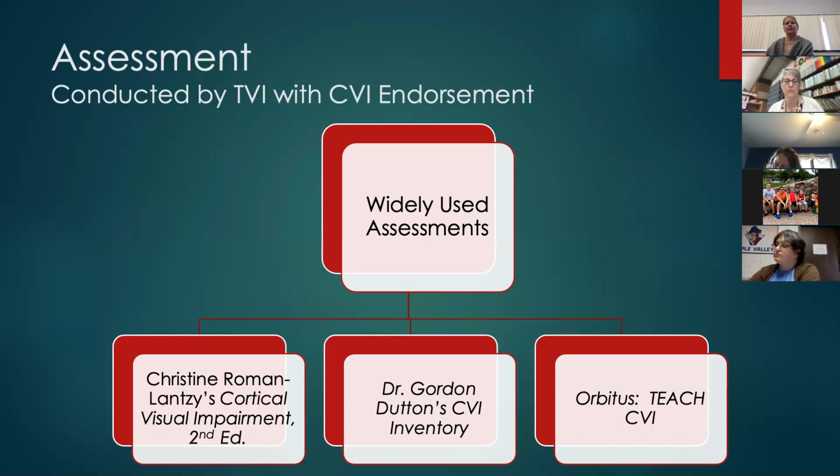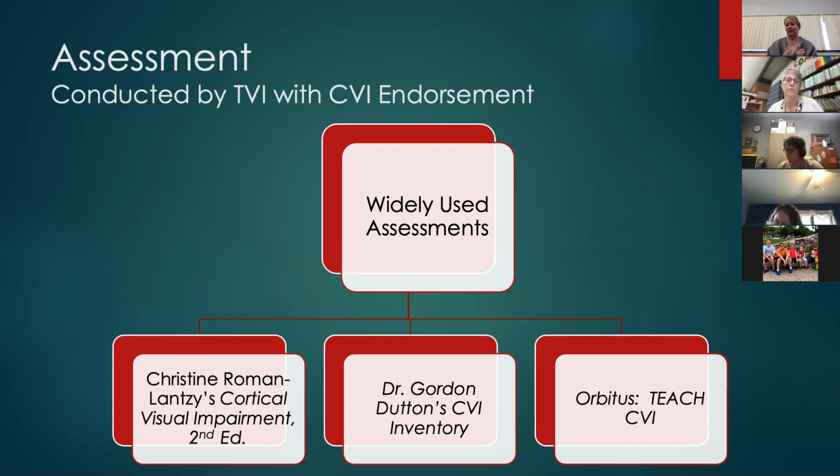So there are three main assessments that are used. Some of you may have heard of Christine Roman-Lansky's Cortical Visual Impairment. Notice that she calls it cortical visual impairment. She's a little bit at odds with the other two assessments, which see it more as cerebral visual impairment.